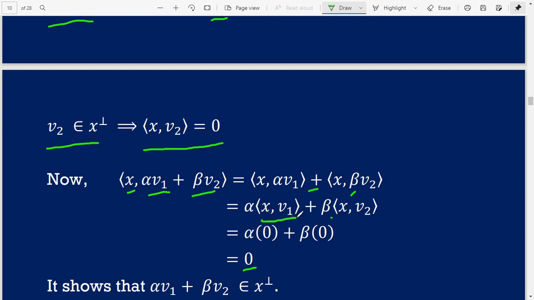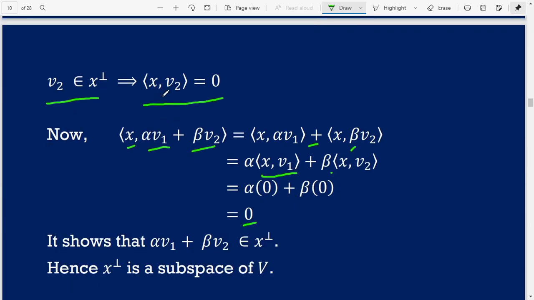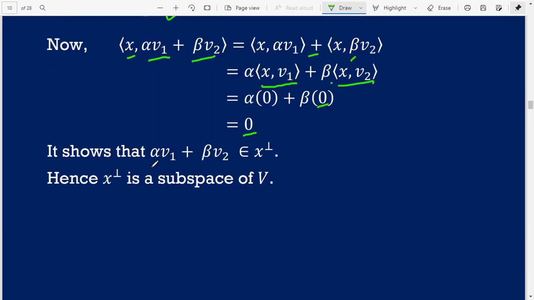But inner product x with v1 is equal to 0, and inner product x with v2 is equal to 0. So alpha into 0 is equal to 0, plus beta into 0 is equal to 0. So inner product x with alpha v1 plus beta v2 is equal to 0. So here alpha v1 plus beta v2 belongs to x orthogonal. Hence x orthogonal is a subspace of V.